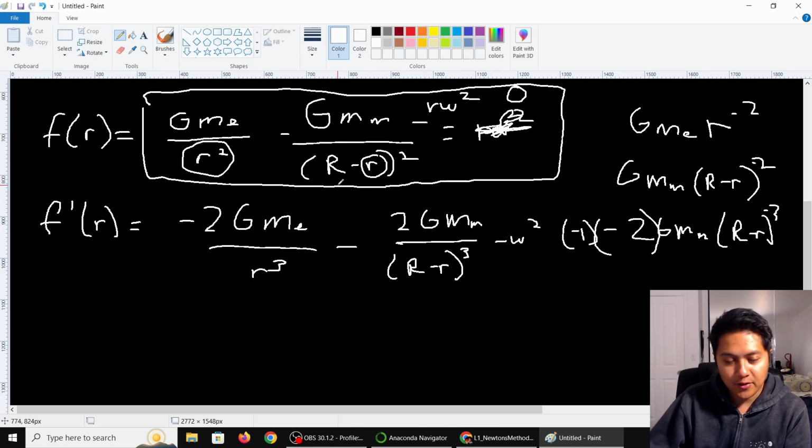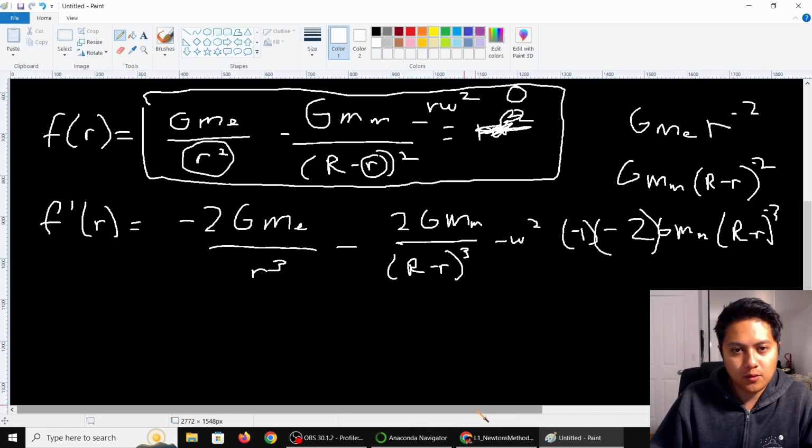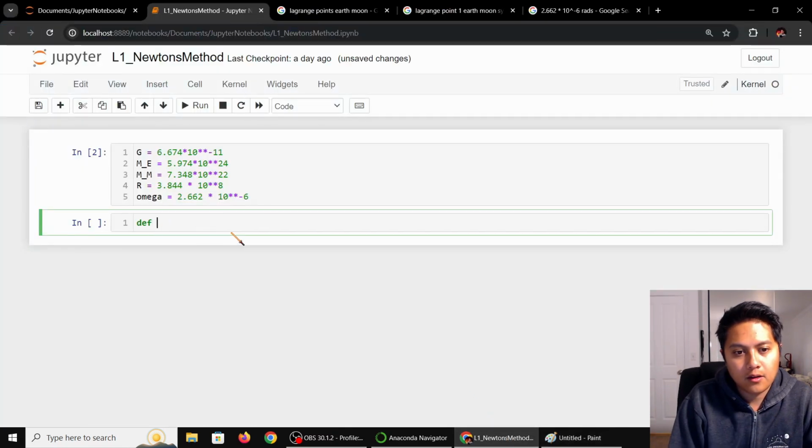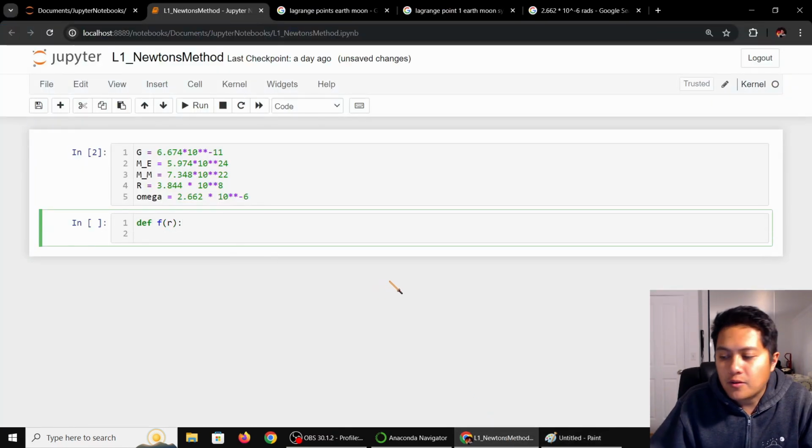So I have the function, I have its derivative. Okay, great, because now this is what we need to apply Newton's method like in the last video. So this is the function we need to write. So I'm going to define f of r to be the following.